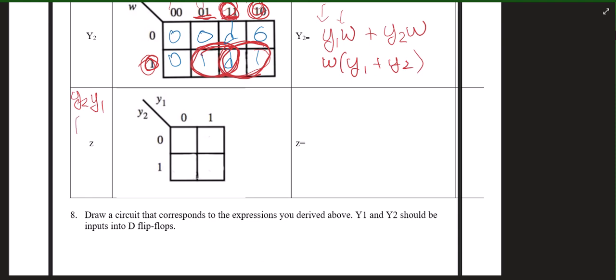And when Y2, Y1 was 1, 0, then we had an output of 1. So when Y1 is 0 and Y2 is 1, we had an output of 1. And when they were both 1, we had a D, I don't care. And otherwise we had zeros. And so Z is going to equal Y2.